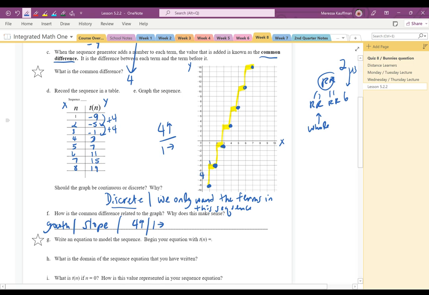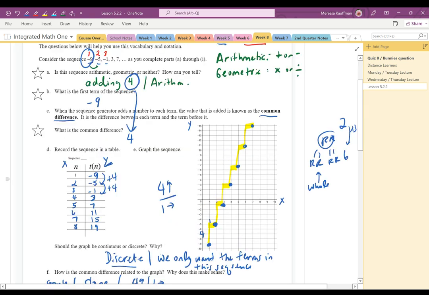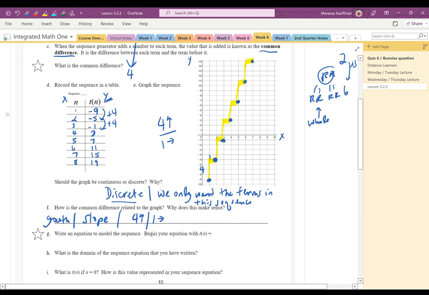All right, so it says write an equation to model the sequence. Begin with t of n. Remember, t of n is like the y. So our graph, if I was to connect these dots, would be a straight line. Notice that it's arithmetic. It's going to be a straight line. So when we begin with t of n, I'm going to rewrite it over here.